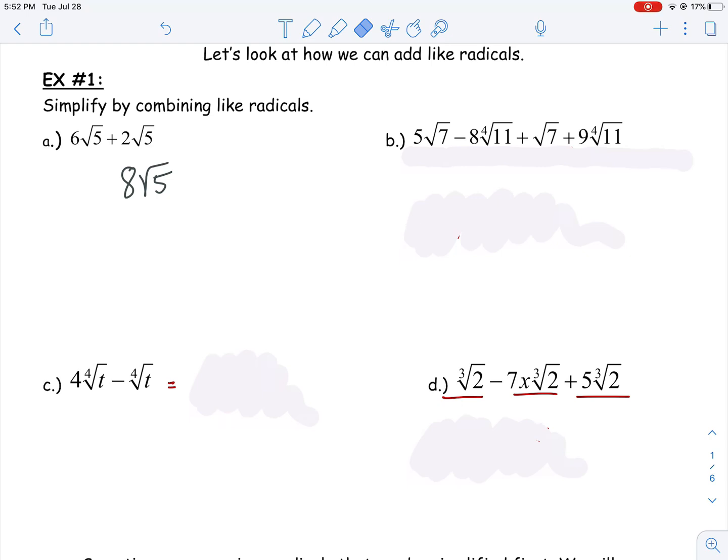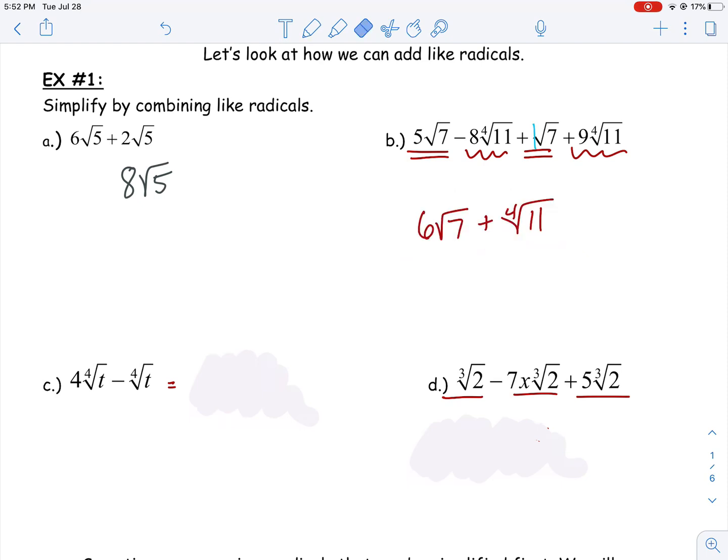All right, look at B. Some of those radicals look a little bit different than each other, so we have to be careful. They have to be the same exact radical with the same exact stuff underneath in order to be called like terms and be combined. So if you look, I have square root of 7's and I have 4th root of 11's. Each one of those are like terms to each other. So 5 square root of 7 plus 1 square root of 7 would be like terms.